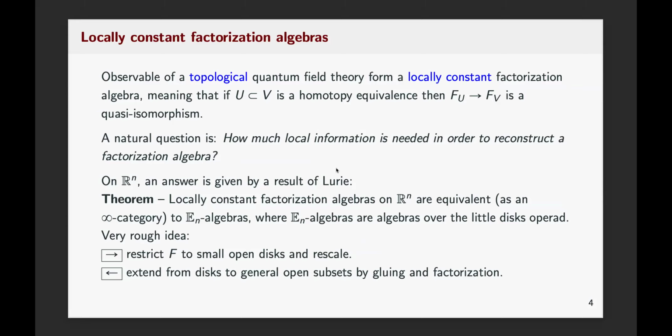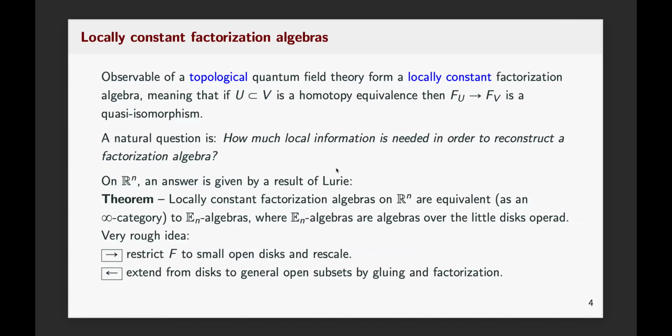So there's some commutativity up to homotopy. Somehow, if you think of a factorization algebra on Rn, using the factorization property, factorization algebras on Rn are completely determined by their value on connected open subsets.